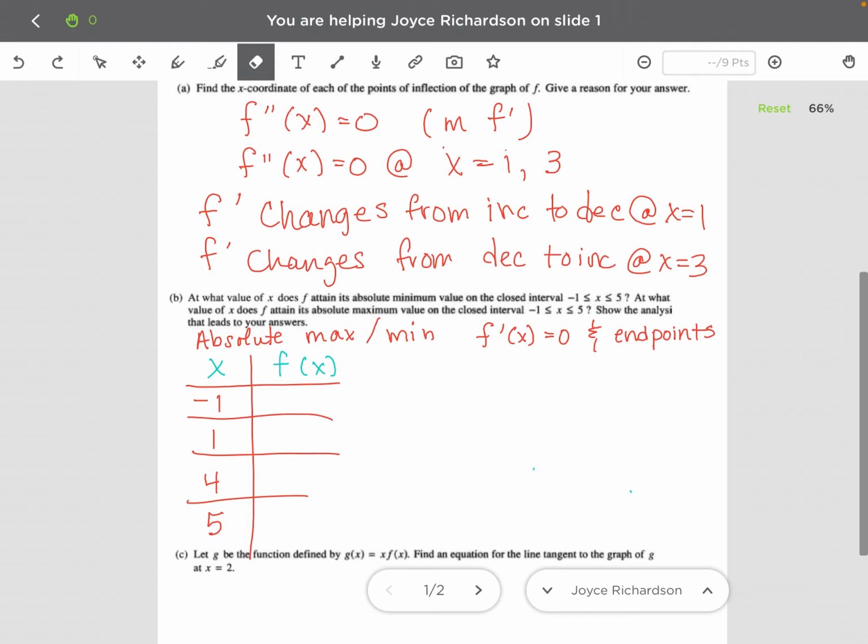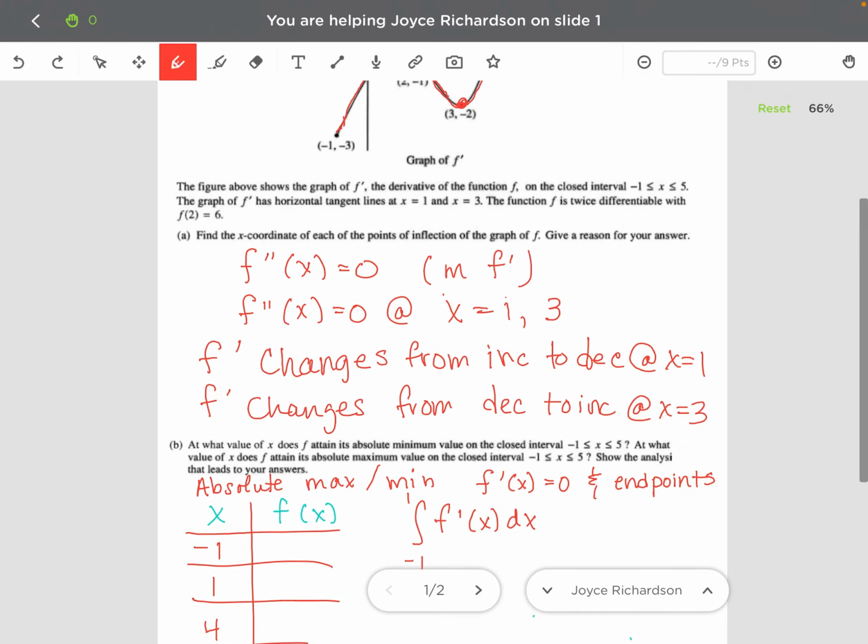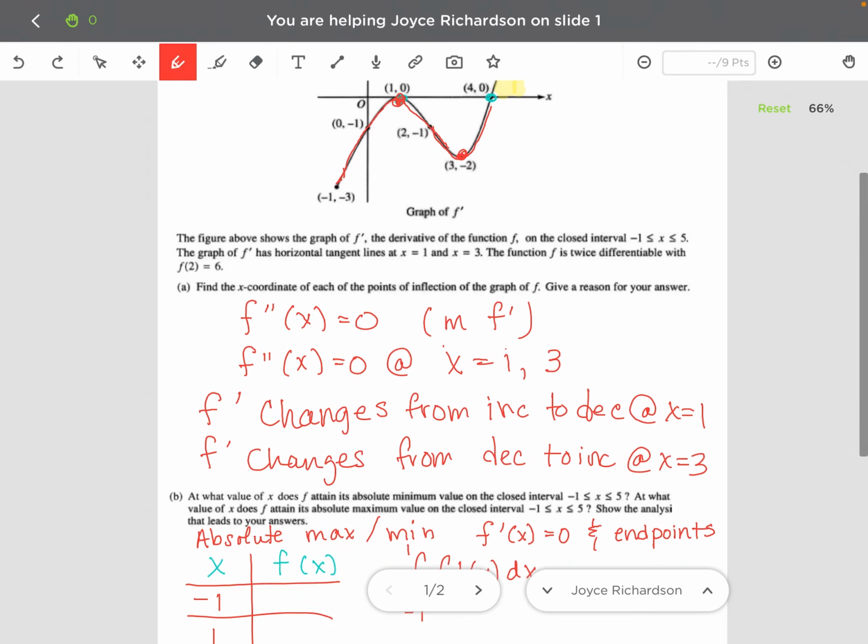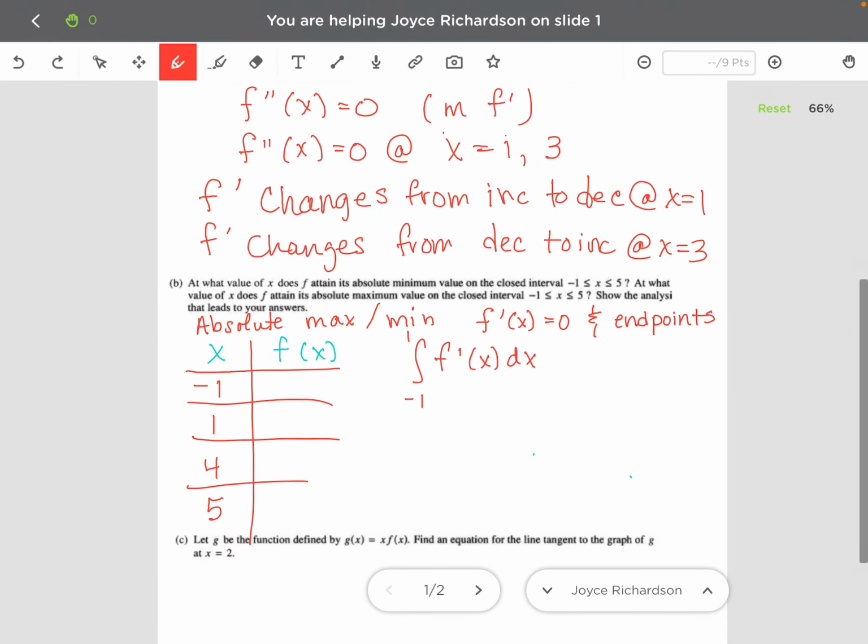So you have to talk about the fact that you know that the integral from -1 to 1 of f prime of x, so that area under the curve, is going to be greater than the area from -1 to 4.